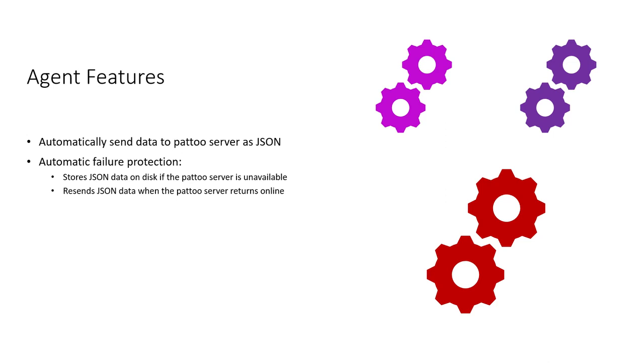And so that's how the Pattoo agents work. You as the coder don't have to deal with all of this because the Pattoo agent classes and objects all handle this sort of information seamlessly.